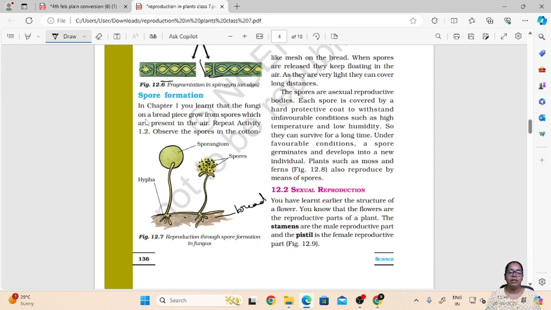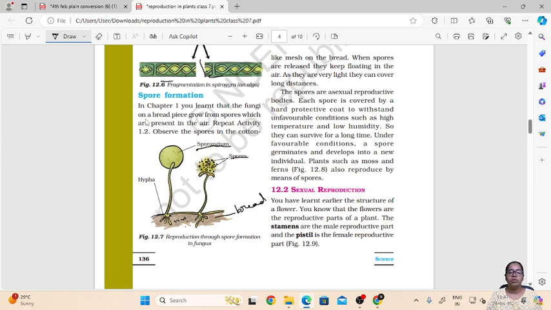So these are the hyphae. Hyphae are like the roots of the fungus which absorb all the nutrients from the bread. Then the hyphae supply the nutrients to the spores which are developing inside the sporangium. Sporangium is basically a sac-like organ which helps in nourishing the developing spores.